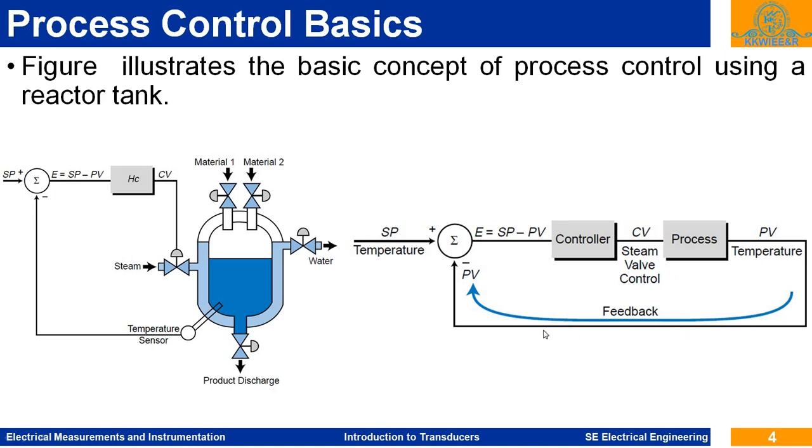In this way, for measurement of various process parameters, devices are used which measure the physical parameter and give a signal to the controller. So this is the function of these sensors in the process.